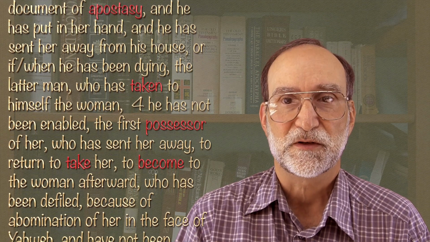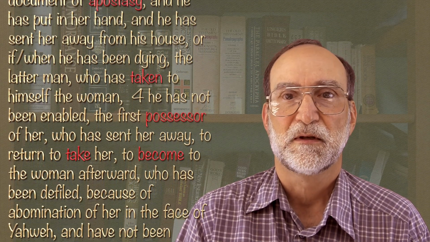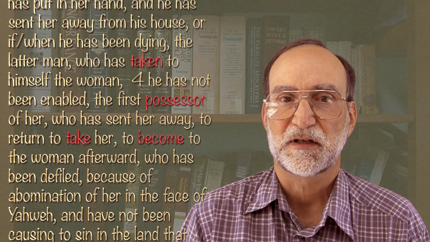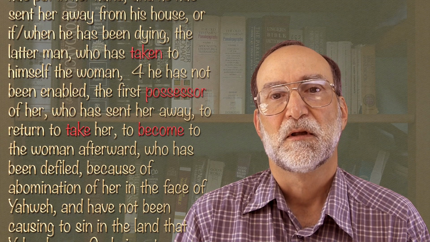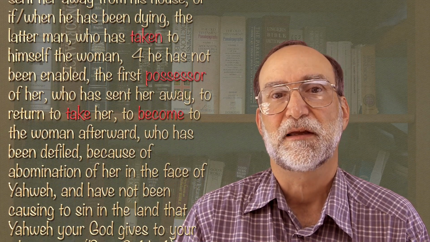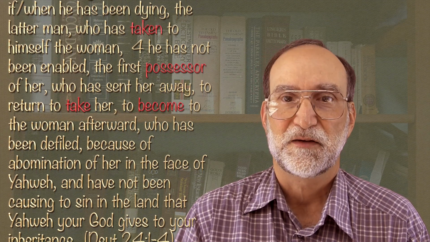To marry an adulteress would be to marry a defiled woman, which is something the law of Moses is specifically prohibiting here. Finally, the original man would then be committing adultery against the second man if he was still alive.